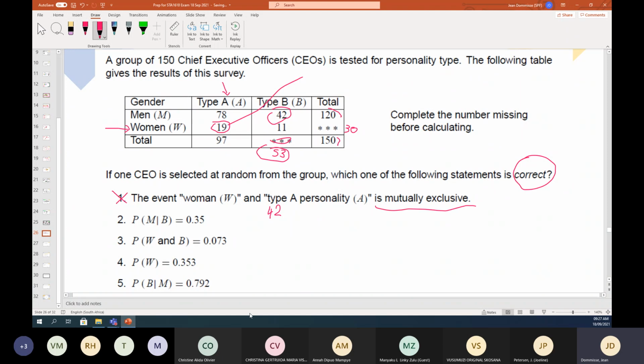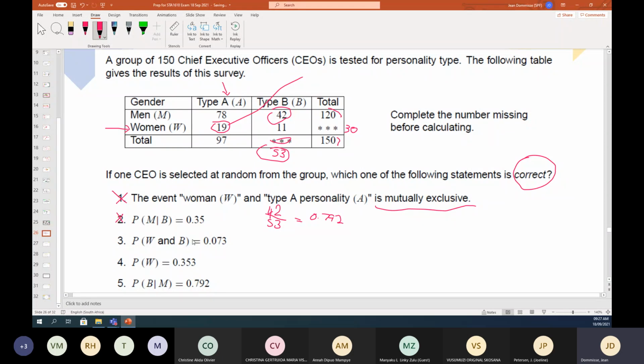Type B, so that is the 53. So 42 divided by 53 is not going to give us that answer, so it is 0.792. So that one is also incorrect.